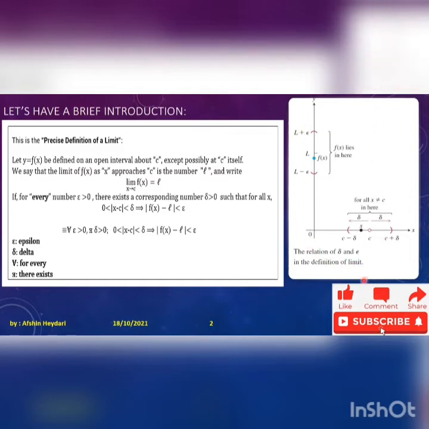You should consider this graph as the relation of delta and epsilon in the definition of limit.